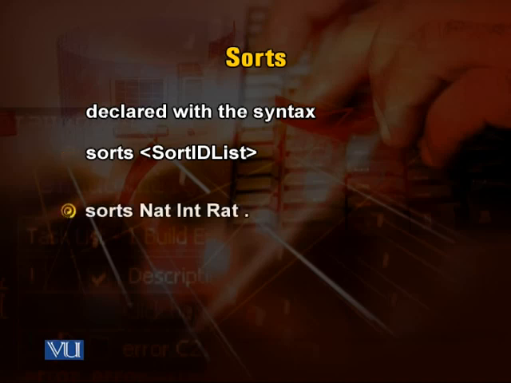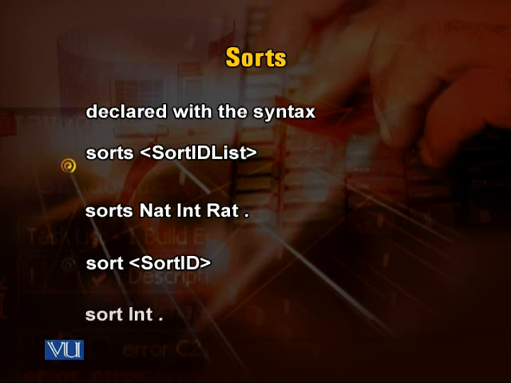So we can have sorts of NAT, which is natural number, INT, integer, RAT, rational numbers, and then a space and a full stop. So this declares these three sorts. If we have only one in the list, we can also write sort and then sort ID. For example, this is sort int and full stop.